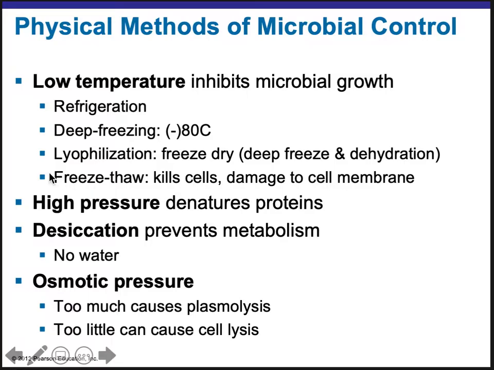We don't use freeze thaw very often when we're trying to sterilize something, because we have other methods that are quicker. But we do use freeze thaw a lot when you're doing viral work. You grow the viruses in cells, right? Because they can only replicate inside of a cell, and then you need to get them out so you can work with them. So you freeze thaw.